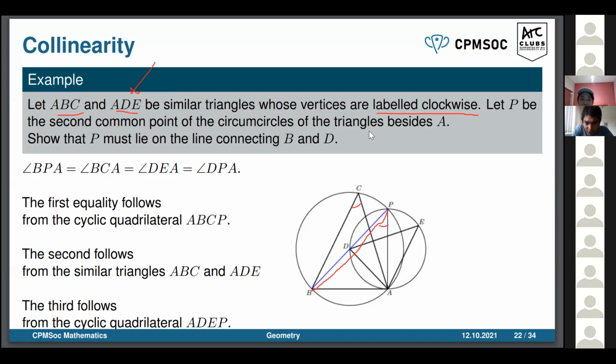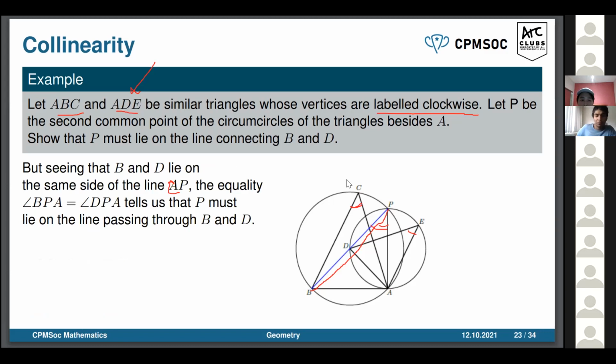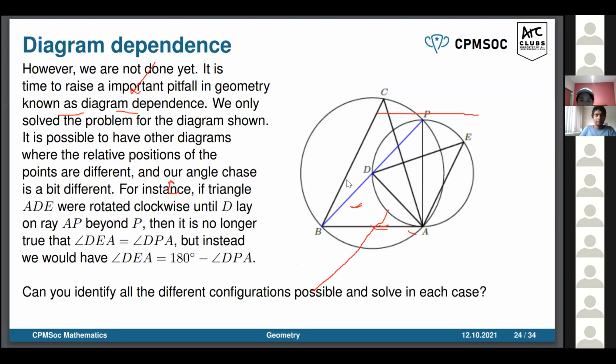Using the similar triangles ABC and ADE, the angle C and the angle E must be the same. So that's equal to angle DEA now. And now angle DEA is the same as DPA. So this proves that angles BPA and DPA are the same. And now this finally proves that the 3 points are collinear. So P lies on the line through B and D.